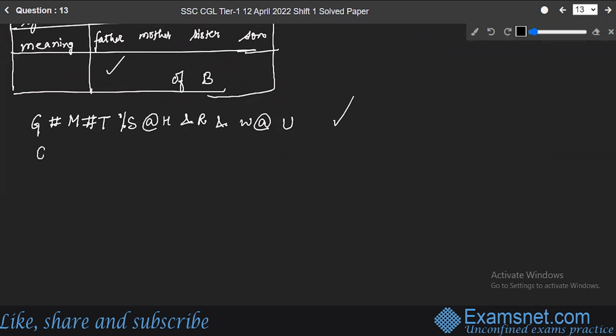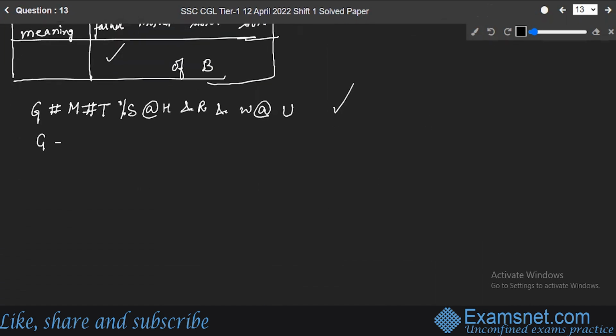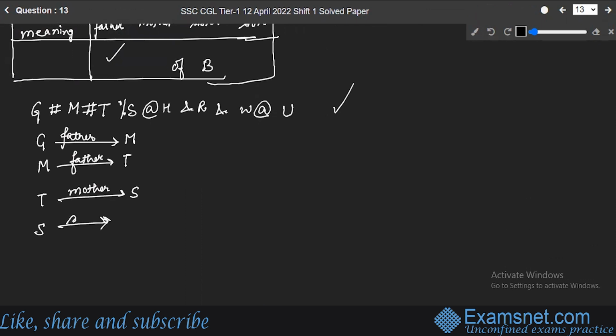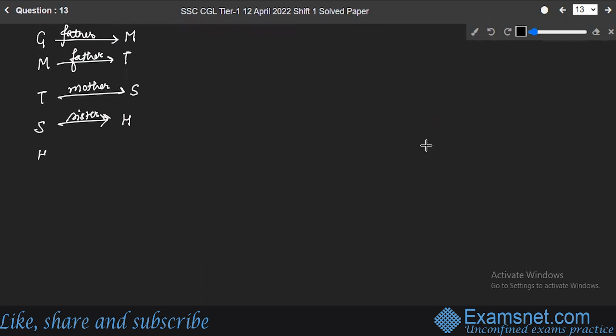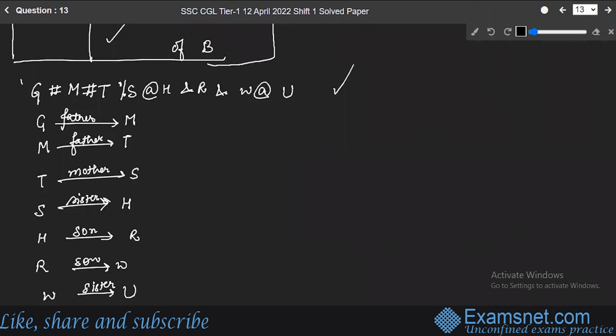From here, this means G is father of M. Then M is father of T. T is mother of S, and S is sister of H. H is son of R, and R is son of W. W is sister of U. These are the relationships according to this given expression.